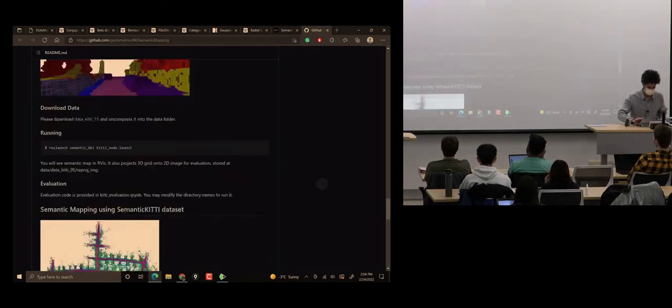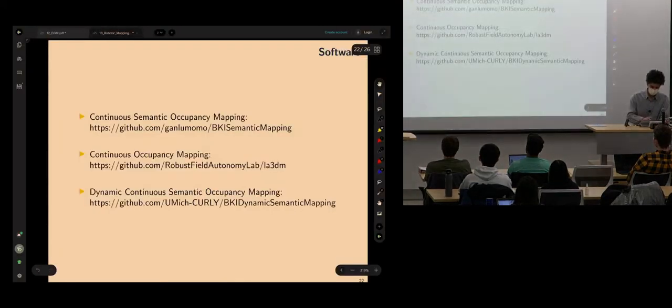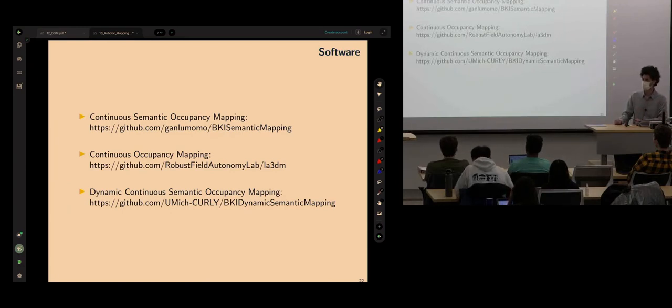There are some images, and you can run this using ROS and different data sets like KITTI. Now there's an occupancy version of that we built on this second library. The occupancy version was done. We used that and converted it to the semantic version.